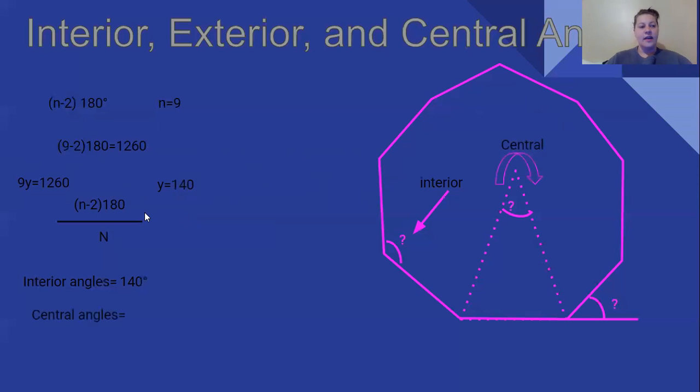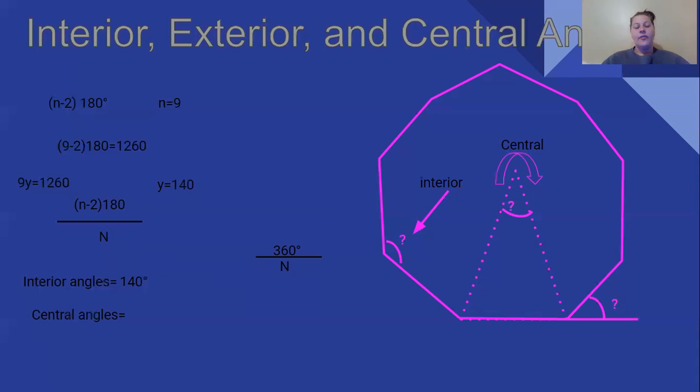Now our central angles, we are doing 360 divided by 9, because that is how many sides there are to our shape.